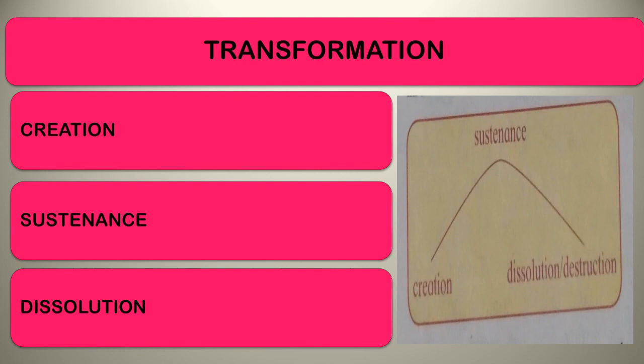Transformation. The principle that we have seen in the case of water applies to everything that can be perceived by the senses. The things, their state and quality keep changing. Transience is their nature as it were. Creation, sustenance and dissolution are 3 basic forms of transformation.